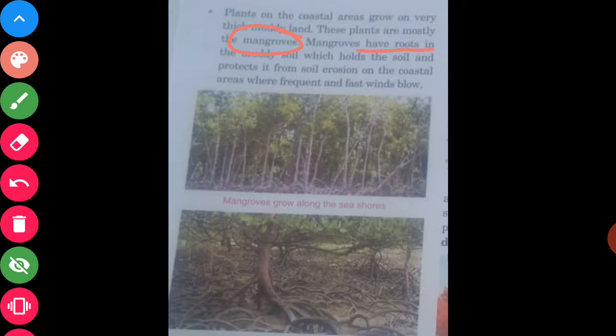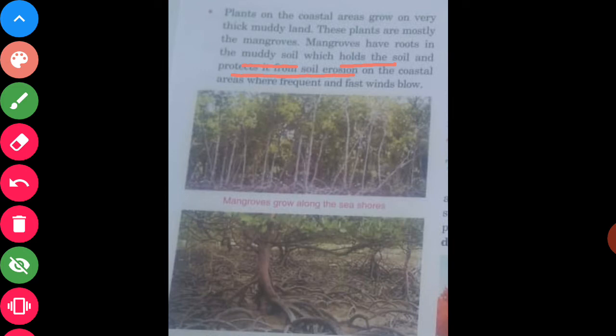Mangroves have roots in muddy soil which hold the soil and protect it from soil erosion on the coastal areas where frequent and fast wind blows.